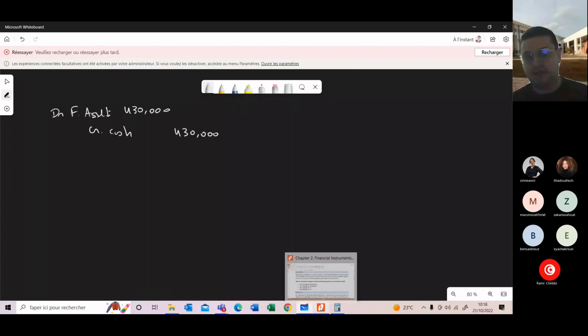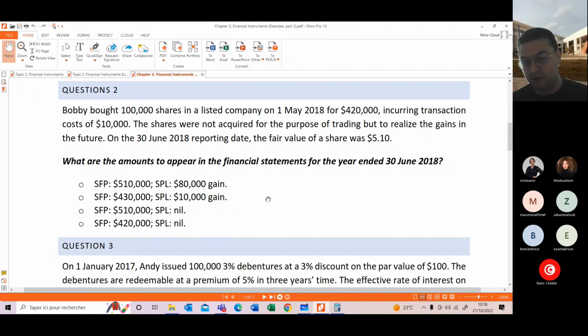The question is asking about the carrying amounts, or how these amounts appear on the financial statements on the 30th of June. First of all, we have to classify this investment as usual: amortized cost, fair value through profit or loss, or fair value through other comprehensive income. Which one is going to be the method?